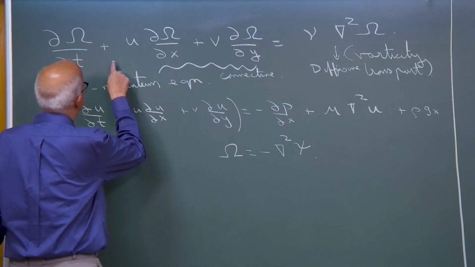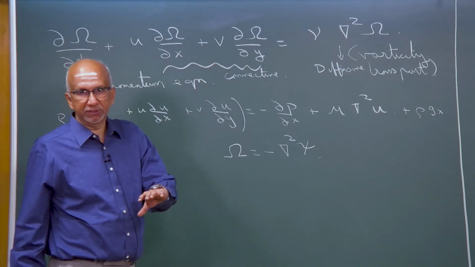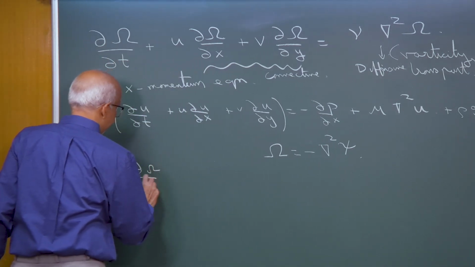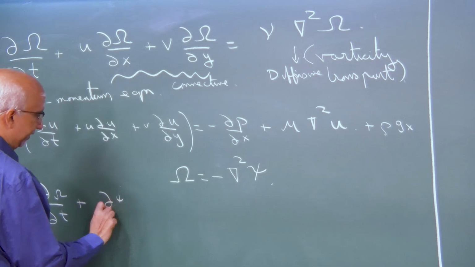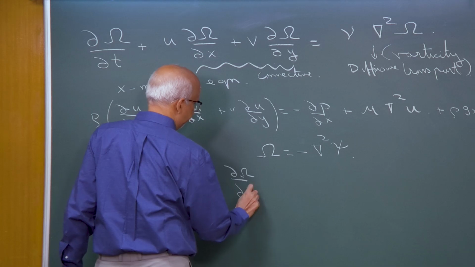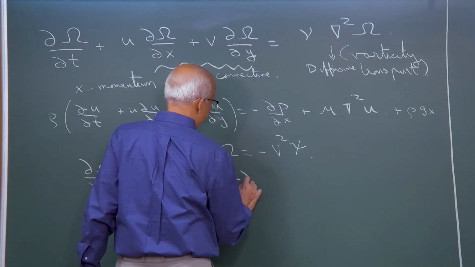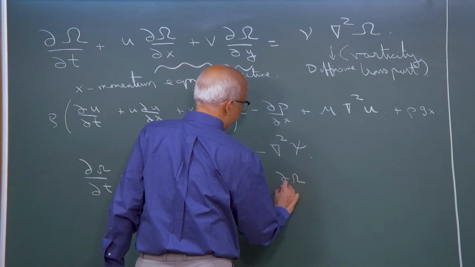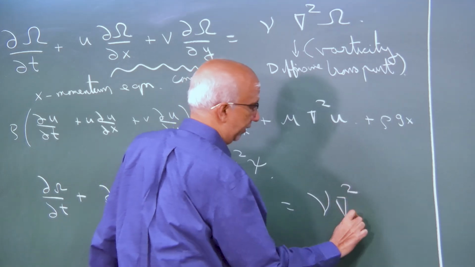I am just going to replace the u and the v in terms of the stream function, okay, which we have done before. So, d omega by dt plus u is d psi by dy d omega by dx plus, or rather v will be minus now, minus d psi by dx d omega by dy equals nu del squared omega.